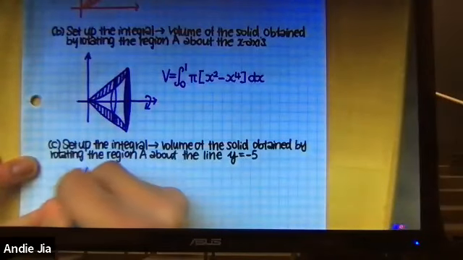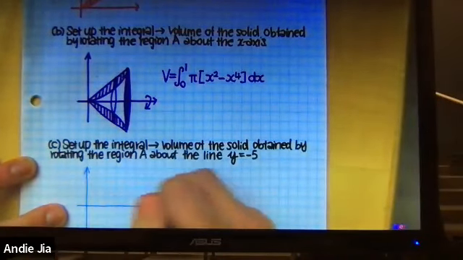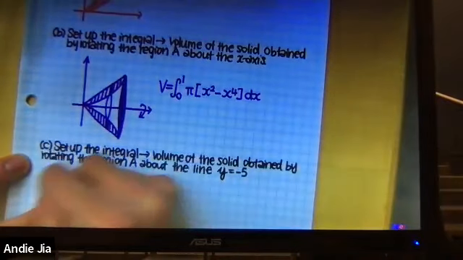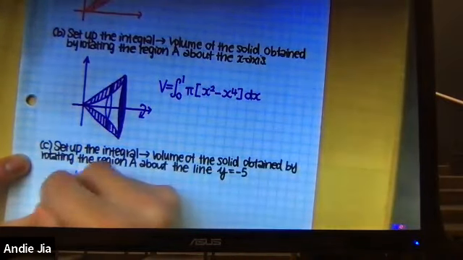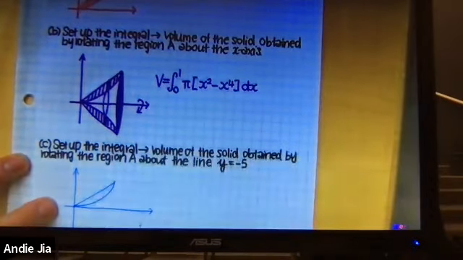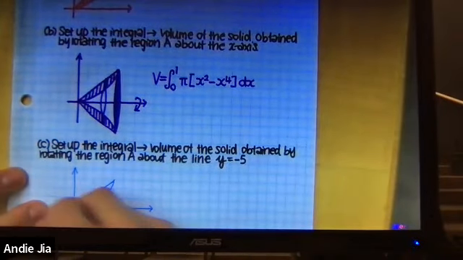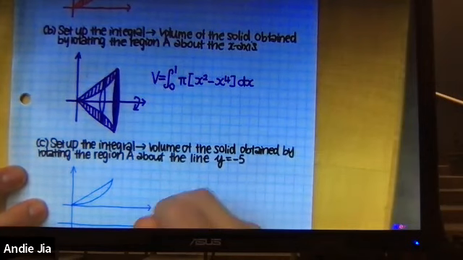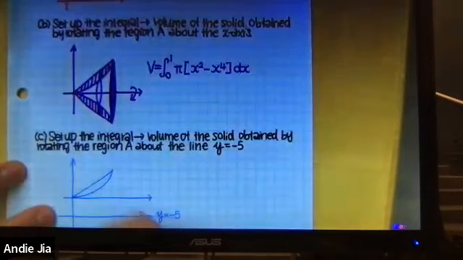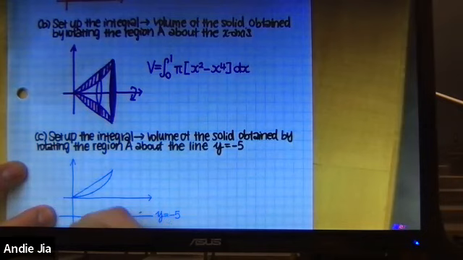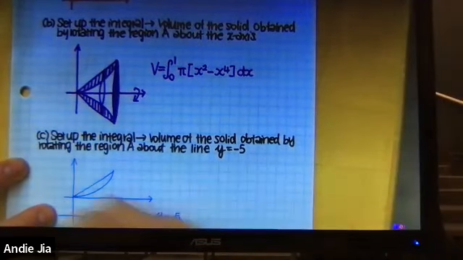Perhaps this is the y equals -5. And this is the region bounded by the washer.